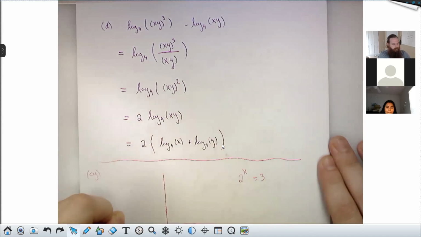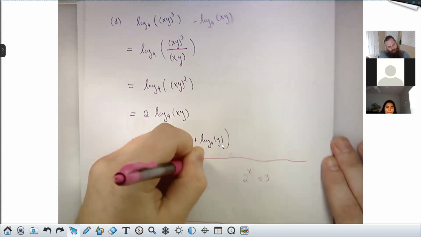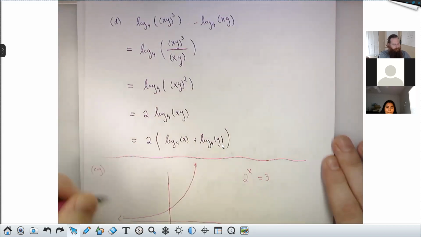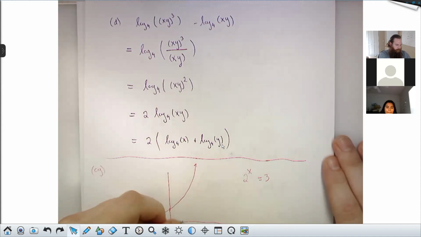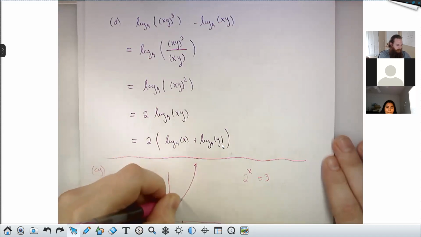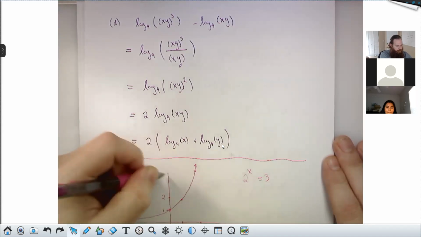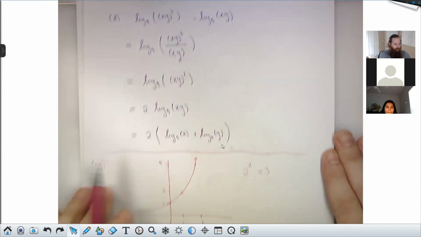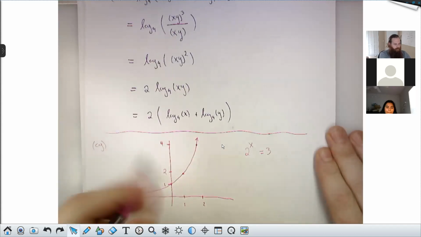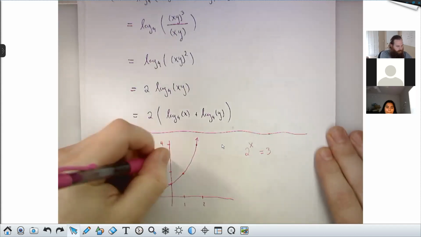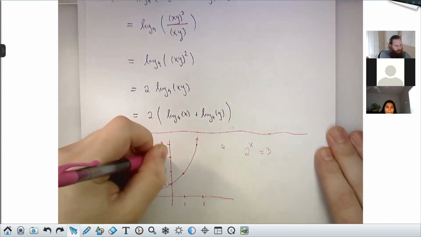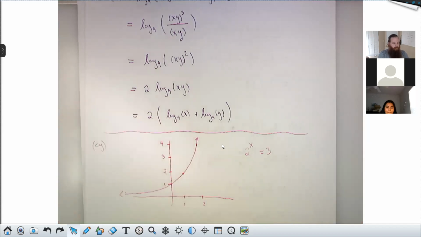If we look at the graph of 2 to the x, we know when x is 1, we're up here at 2. We know we have this y-intercept of 0, 1. And when x is equal to 2, we're all the way up here at 4. Because this graph is nice and continuous, somewhere it hits the y value 3.